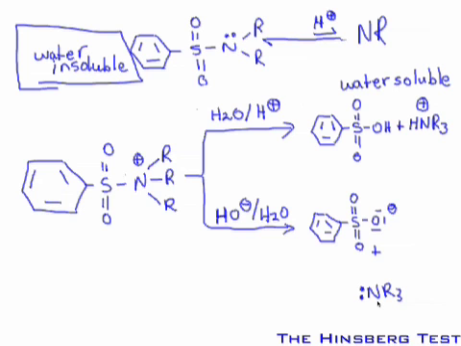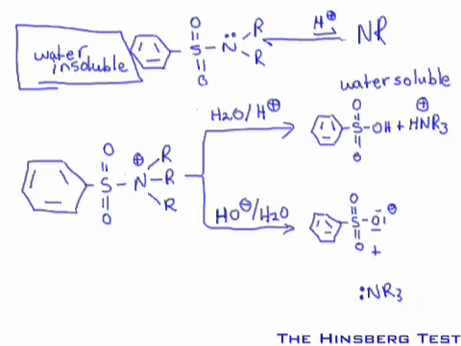Now this really doesn't interfere with the test, because the test distinguishes itself by what it does in the acid. Even long carbon chain species, because it forms a cation, will be more water soluble in acid. Because it's water soluble in acid, it stands out. It's the only one that is. So the Hinsberg test works out really nicely.